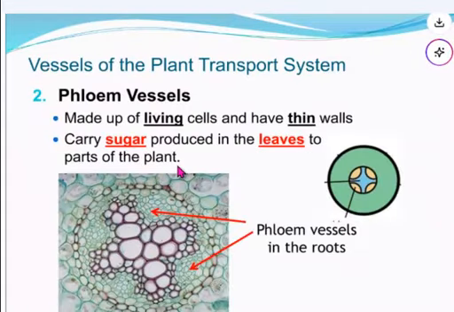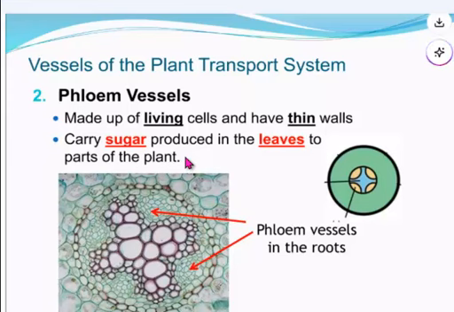Then we have the phloem vessel. The phloem vessel is made up of living cells and has thin walls. It carries sugar produced in the leaf to other parts of the plant. You can see that sugar is being produced from the leaf, and that is the end product of photosynthesis.